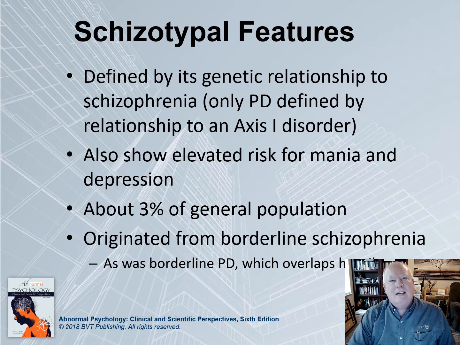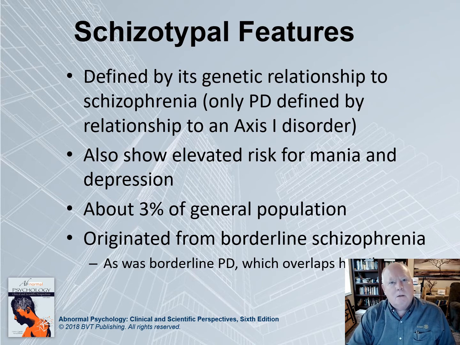The identical twin who does not have schizophrenia almost always qualifies for schizotypal personality disorder. In other words, they have the oddness, and there's clear evidence that that oddness, which only occasionally results in the development of schizophrenia, is part of the genetic risk factors for schizophrenia.